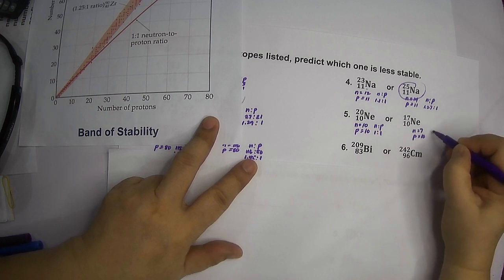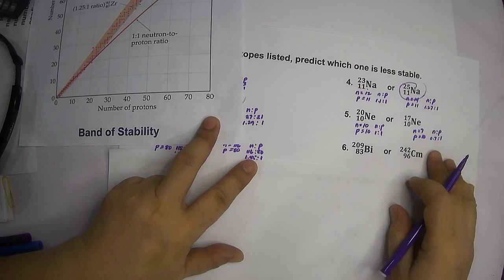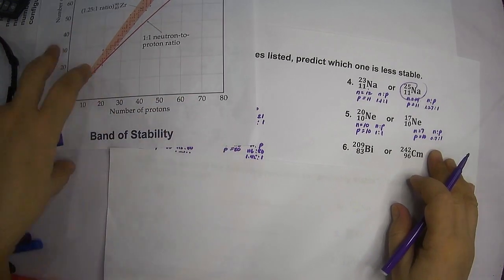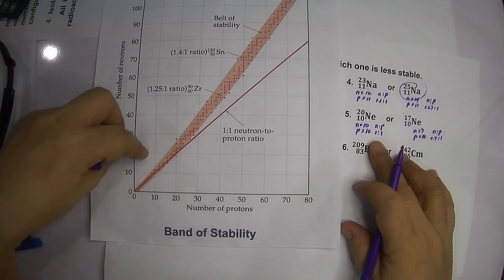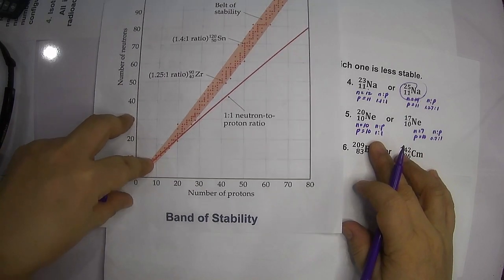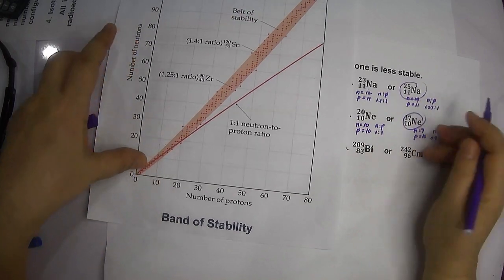So neutron to proton ratio is 0.7:1. So this is below the stability band. Whereas this 1:1, it is within the stability band. So this is stable. So this is less stable.